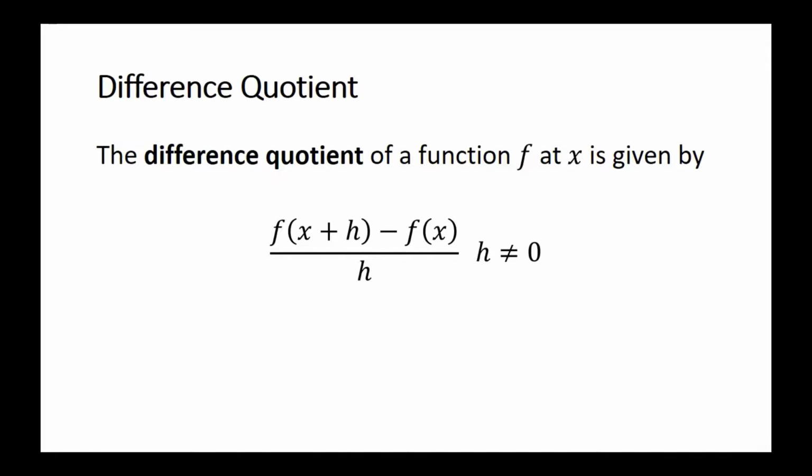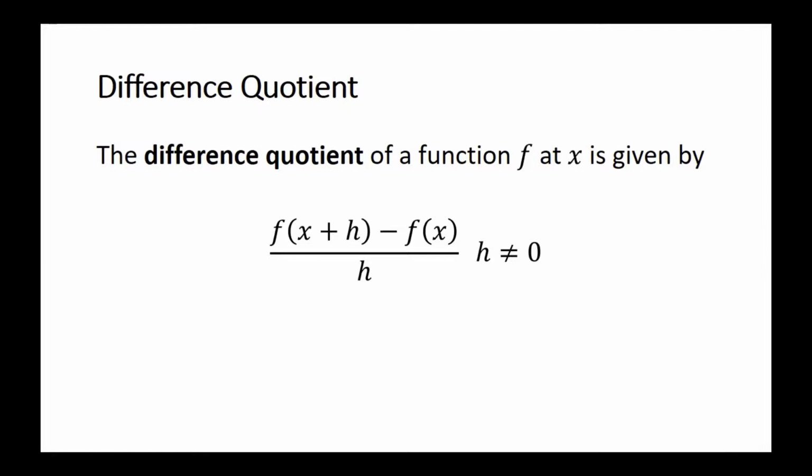X is the input. So if we were to choose 2 points on a function, 2 input values, with a difference of h between them, so if we have 1 point on the function where x is equal to some value, and then we add some value h to that, then we have a second point on the function where x is equal to that x plus h, and we find the outputs of that by plugging in those 2 values, then we end up with a set of 2 inputs with 2 related outputs.